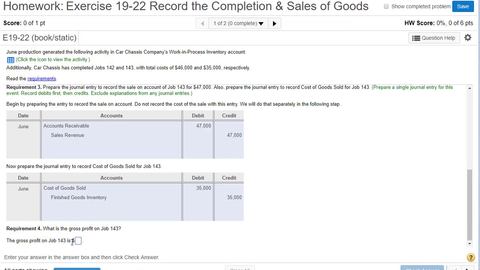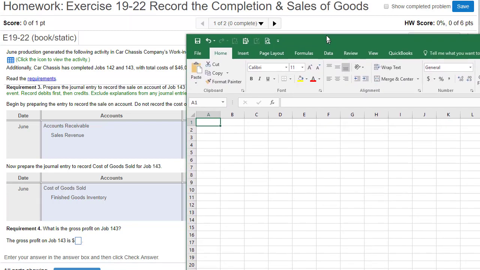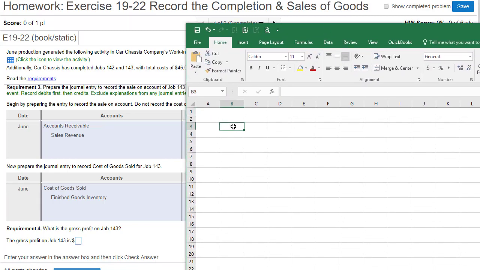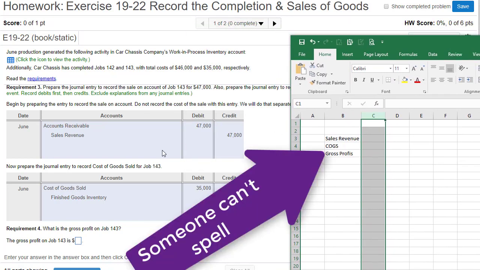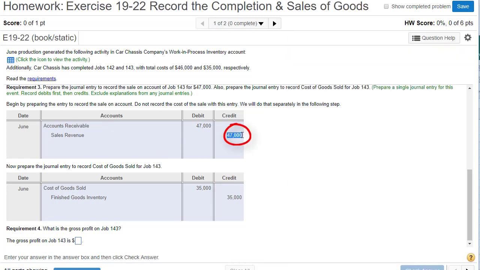Now we have to calculate gross profit. I will show you in Excel how we're going to calculate gross profit. So the formula, remember, for gross profit is sales revenue, and then we're going to subtract cost of goods sold, and that's going to equal gross profit. In our case, the sales revenue was $47,000.